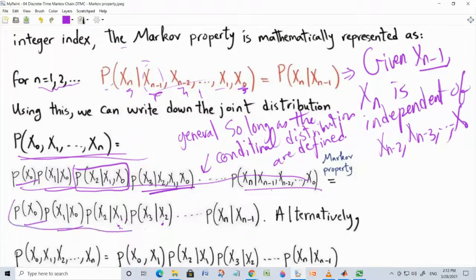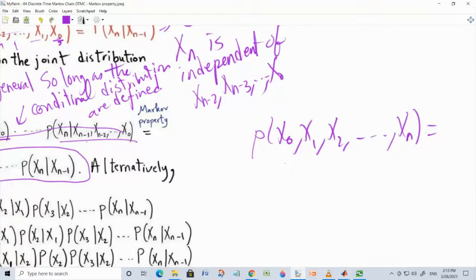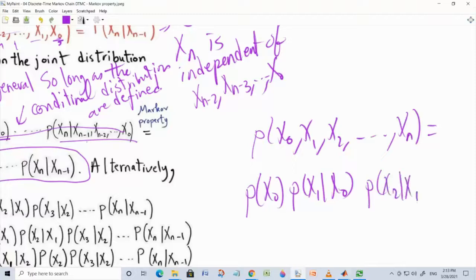So this second line now is specific to Markov processes. For Markov processes, the chain rule becomes this very nice thing that you need to know by heart. The probability of x of n, for a Markov process, can be written as p of x of 0, p of x of 1 given x of 0, p of x of 2 given x of 1, p of x of 3 given x of 2, and so forth.